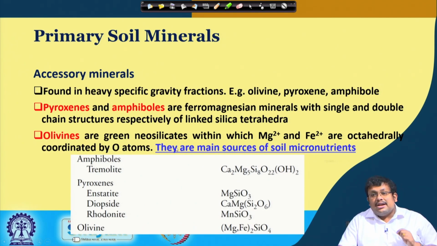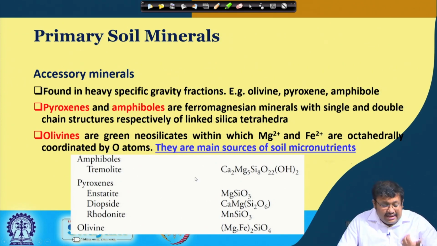And remember one important fact, that the ferromagnesian minerals like olivine are the major source of magnesium and iron in the soils, and remember these magnesium and iron are major micronutrients for plant growth. Some examples are given here, like tremolite is an amphibole which has this formula, and it also contains calcium and magnesium.